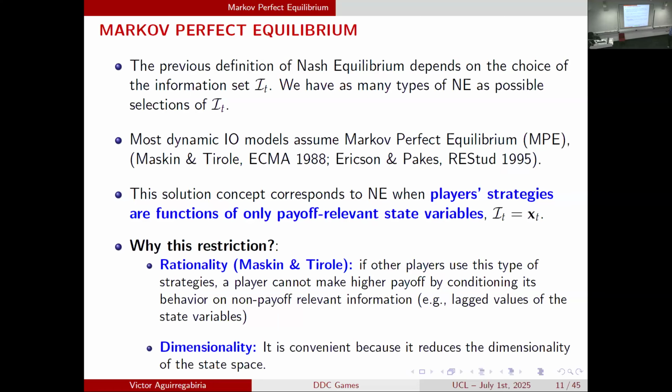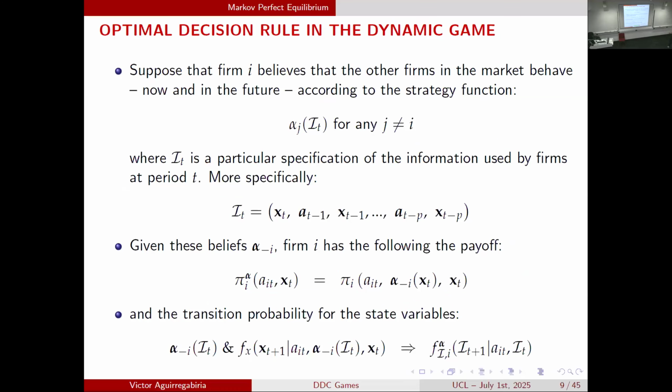Then in some empirical applications, it might make sense to say, okay, I'm going to go beyond Markov perfect equilibrium, and I'm going to assume that these players condition not only on x_t, but also on the previous state and the previous action, okay? Of course, now it becomes more an empirical question, or kind of arbitrary, how much we condition on the past.